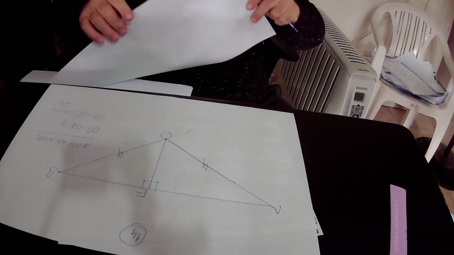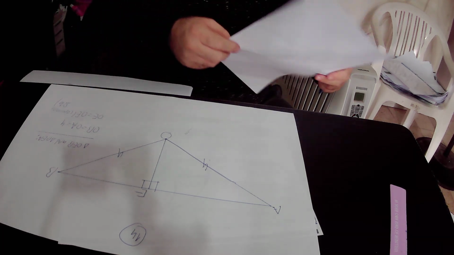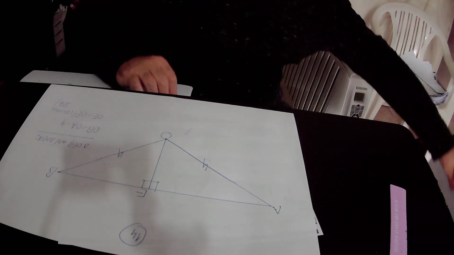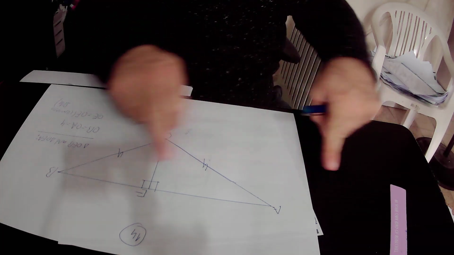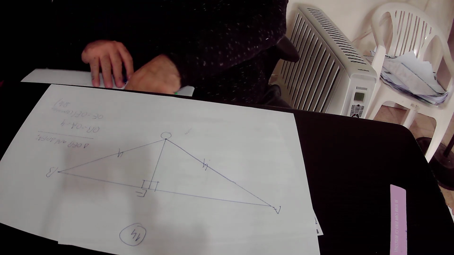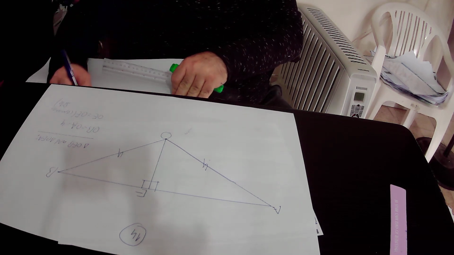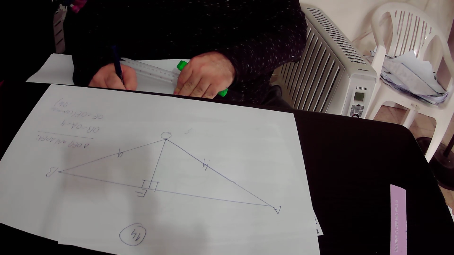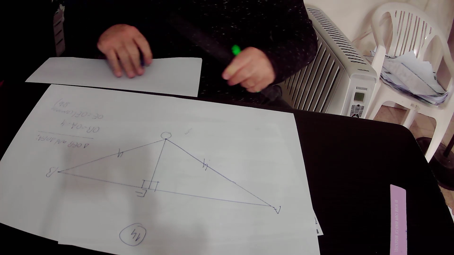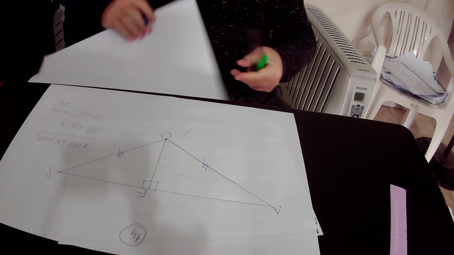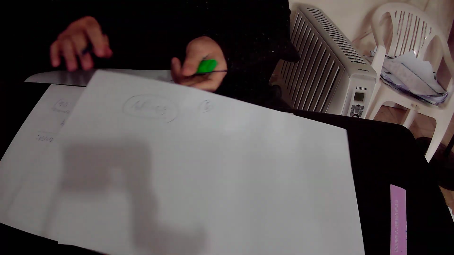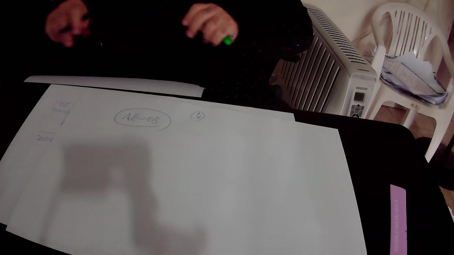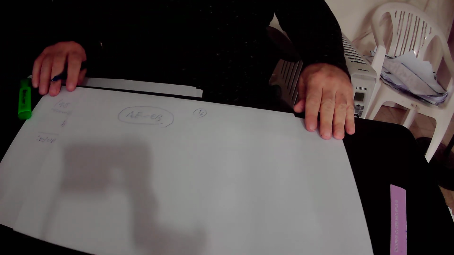So from the fact that those two triangles are congruent, we will conclude that AE equals EB, according to the rule that corresponding parts in congruent triangles are equal to each other. Okay?